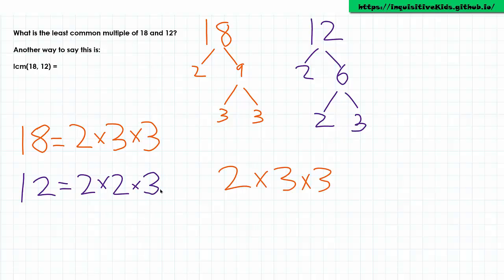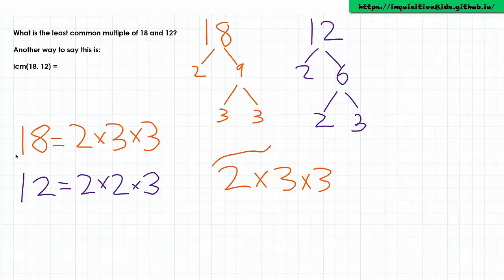So the least common multiple of 18 and 12 has to have enough numbers to cover both 18 and 12. Only enough, because we want the least common multiple. Then the least common multiple of 18 and 12 has to have one 2 and two 3s to cover 18, and two 2s and one 3 to cover 12.